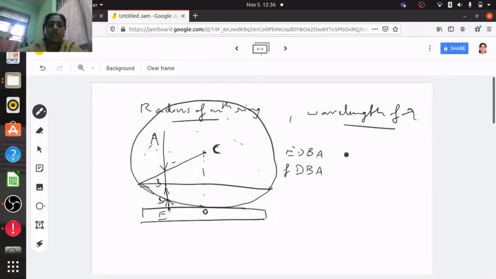T is the thickness, and small r is the radius of the ring, or the radius of the particular circle which is passing through the point E.